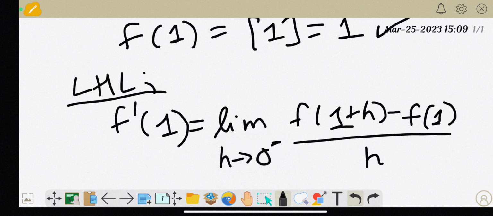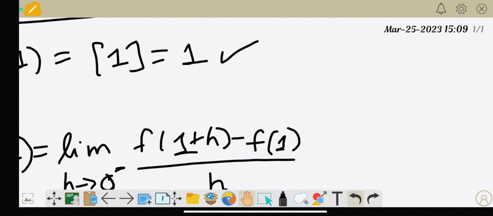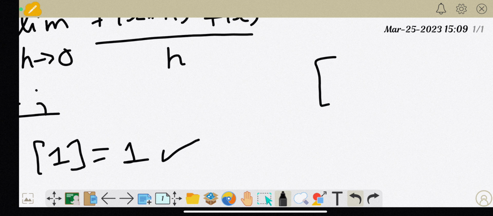So h tends to 0 minus. Now in the greatest integer function, whenever you are approaching from the left, what happens? The integer part will be reduced by 1.